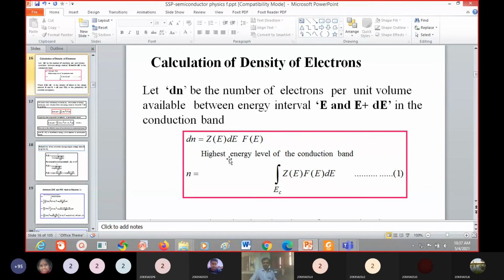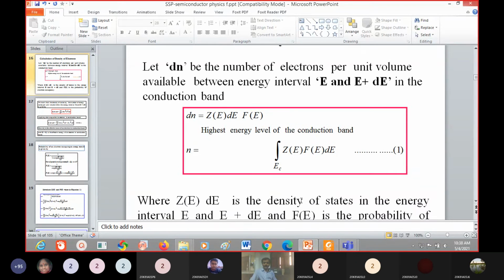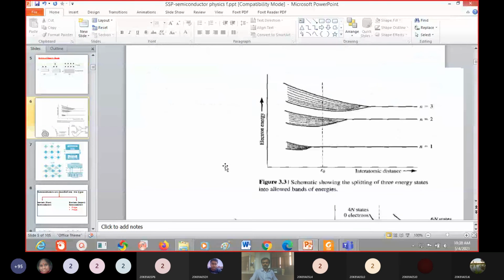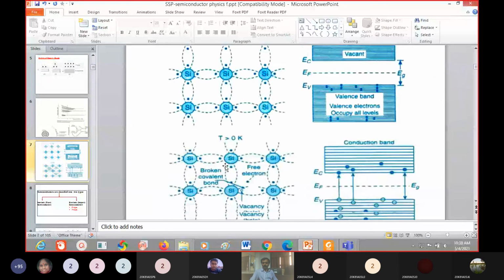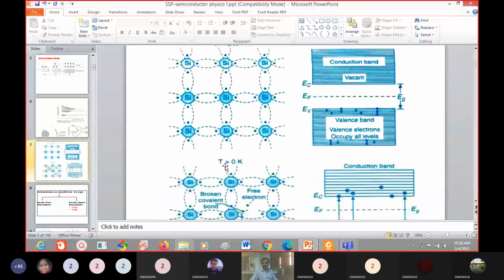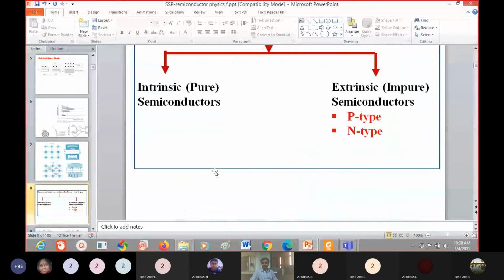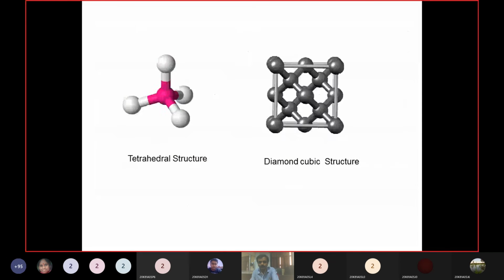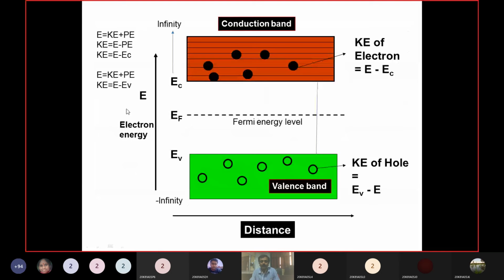So what is Z(E) dE? Z(E) is the density of states in the energy interval E and E plus dE. Suppose you take the conduction band. The conduction band is a combination of a number of energy states, as we already discussed.